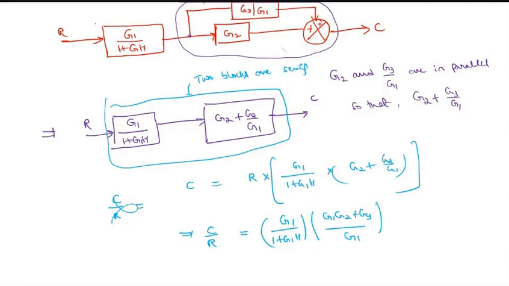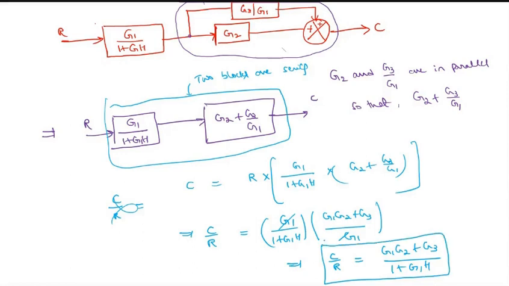So this is the output. Here G1 and G1 cancel. Finally, we get the transfer function C by R equals G1 G2 plus G3 by 1 plus G1 into H. So this is the transfer function from the given block diagram.